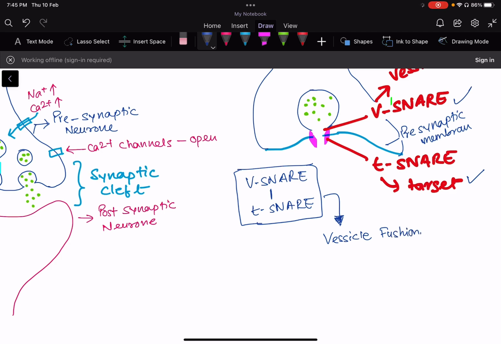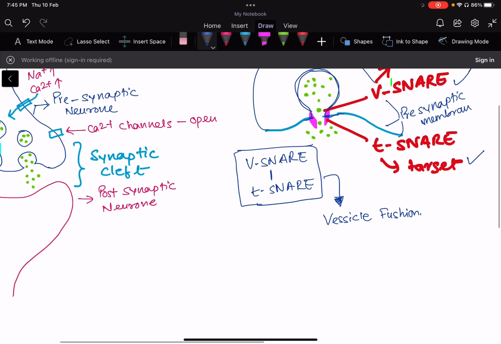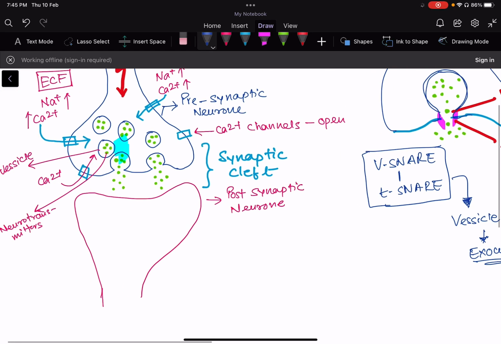That means this vesicle is now fused with the presynaptic membrane, and all the neurotransmitters get released out. We can also call this process exocytosis. All right, so exocytosis happens here, and the neurotransmitters get released.